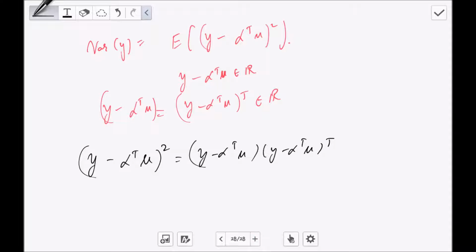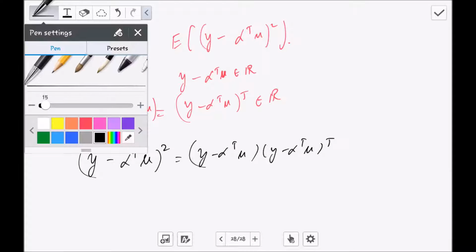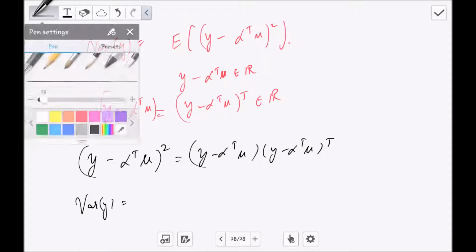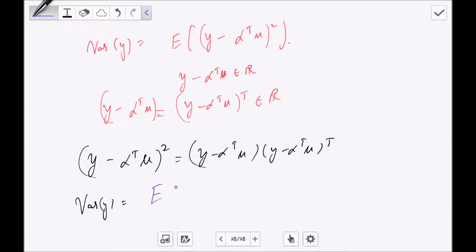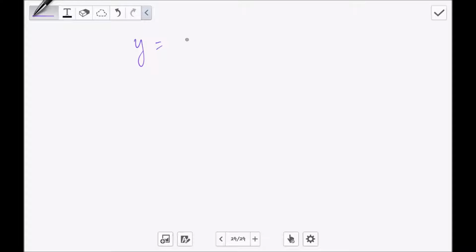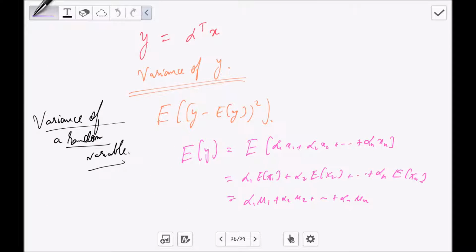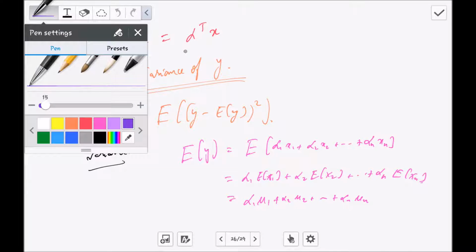Now what do I do next? So the variance of y will be given as E of y minus alpha transpose mu times y minus alpha transpose mu, right? Now we have y as alpha transpose x, that we defined here, using this.